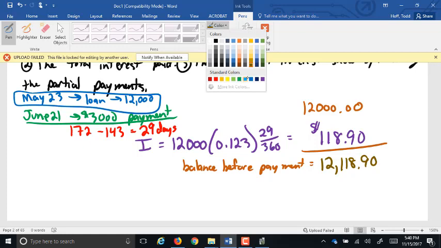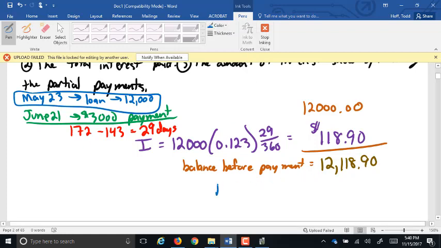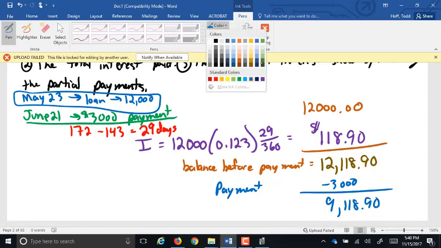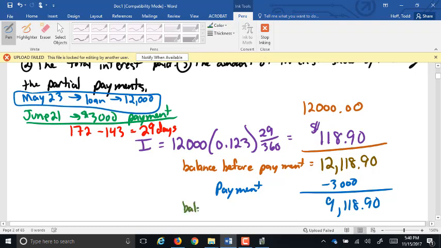And then we make the $3,000 payment, which would give us $9,118.90 as the balance after the payment.